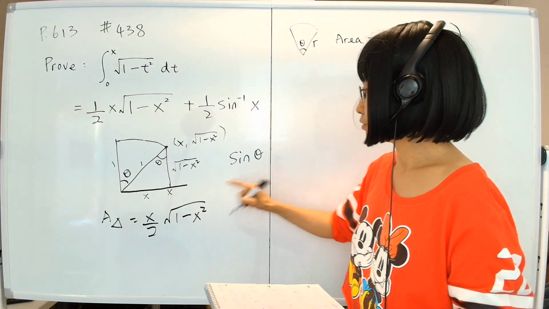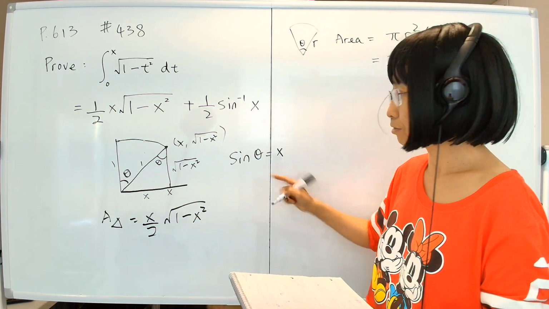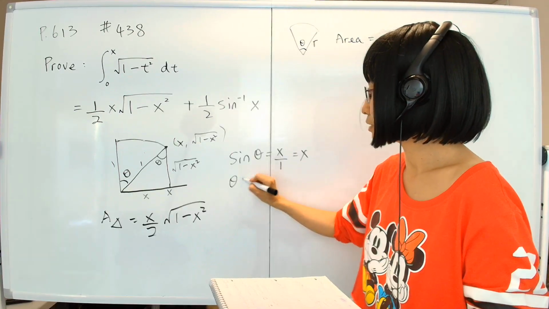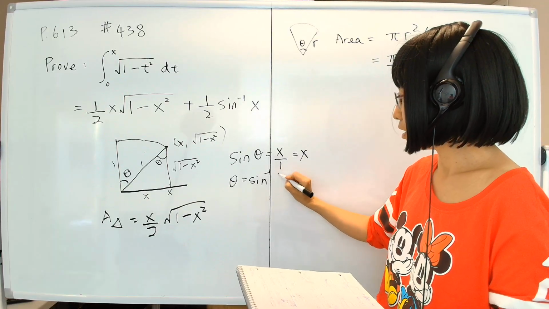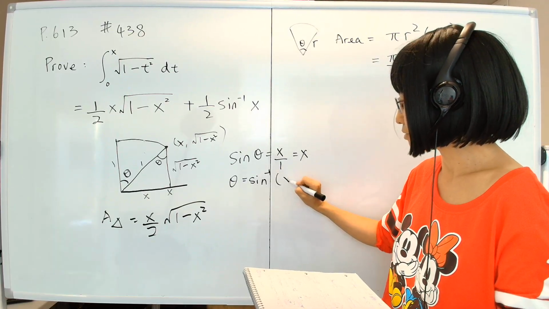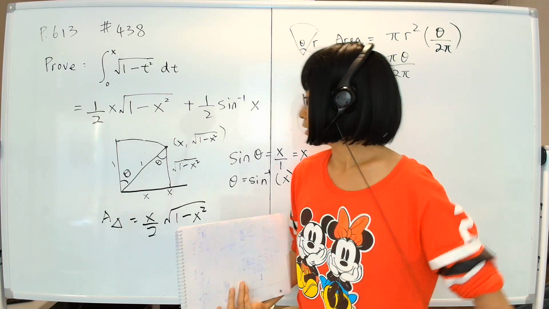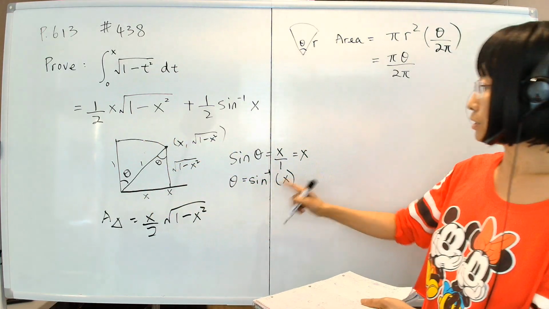Sine of theta, which is opposite divided by hypotenuse, equals x over 1, which is just x, which means theta equals the inverse sine of x. So that's how you calculate theta. So now we know what theta is.